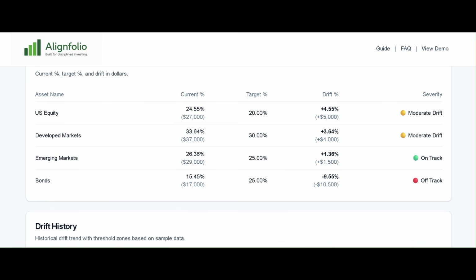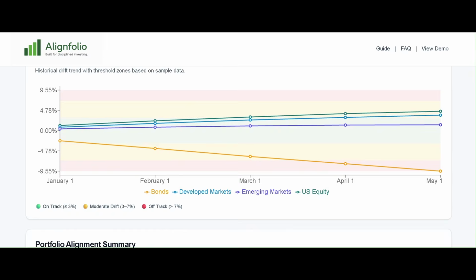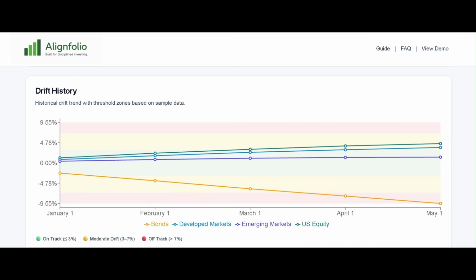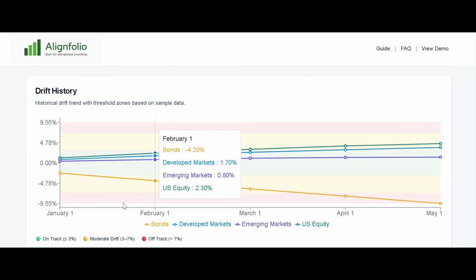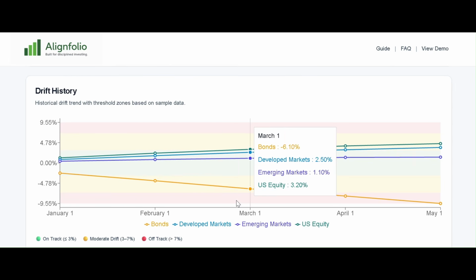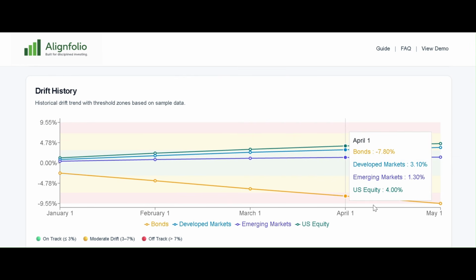The drift analysis section helps visualize exactly how far each asset class has moved away from target. You can immediately see which positions are overweight, which are underweight, and by how much. The drift history section also helps visualize how the portfolio changed over time. You can see that some asset classes remained relatively stable, while others drifted farther away from their target allocation as markets moved.